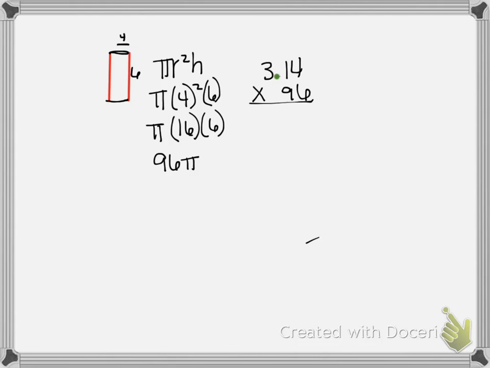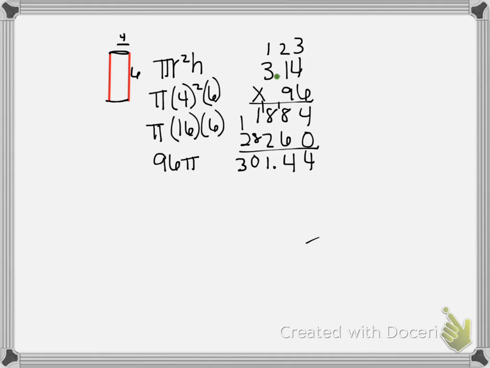And so then we would do this calculation. I'm just multiplying decimals here, which you know how to do. And I need 2 decimal places there. So we know that that would be 301.44.